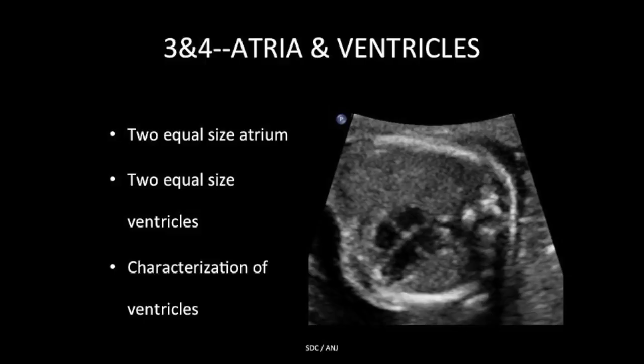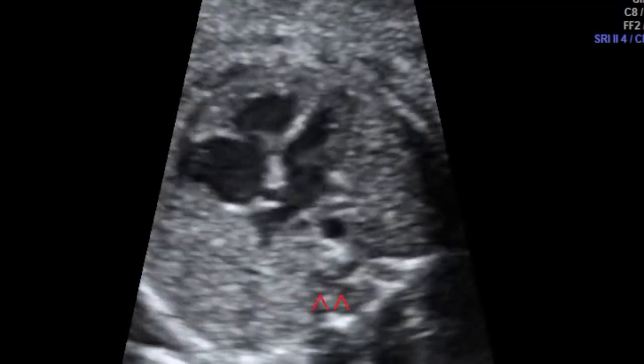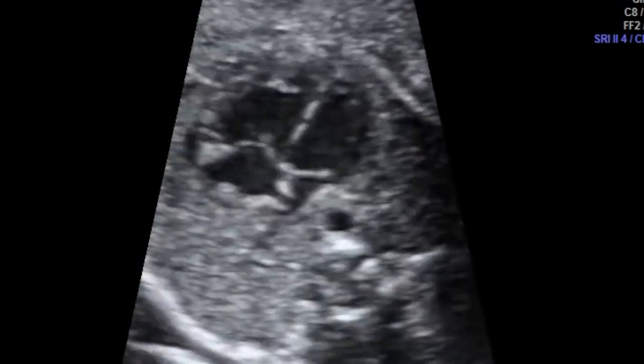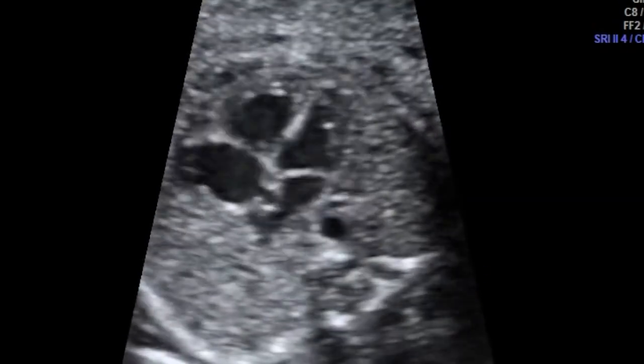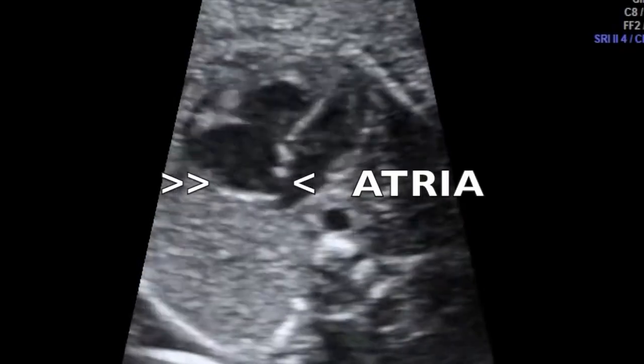Third and fourth points are equal size atria and equal size ventricles. So whenever you start analyzing the heart, always keep the spine in the picture. Don't magnify too much. So whatever is next to the spine is the aorta and the left side, and this is the right side. So these are two equal size atria, two equal size ventricles.